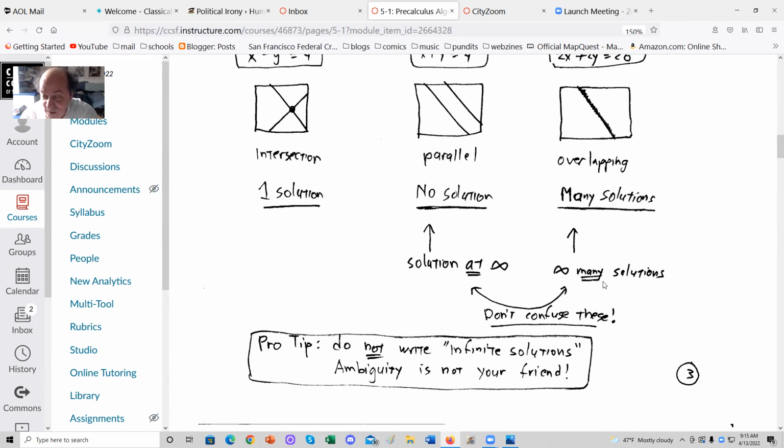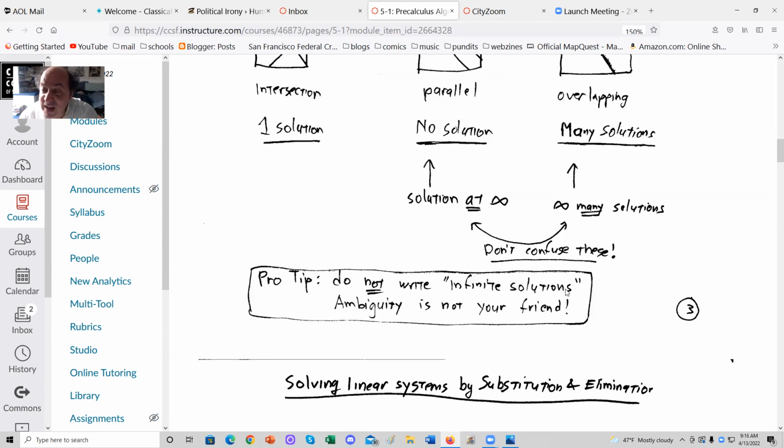Please don't confuse these. So therefore, please never ever write as an answer to one of your questions infinite solutions. It's ambiguous, and ambiguity is not your friend. Don't say that. Say no solution or many solutions, and that will do it. You might even say infinitely many solutions, but please don't confuse that with no solutions.